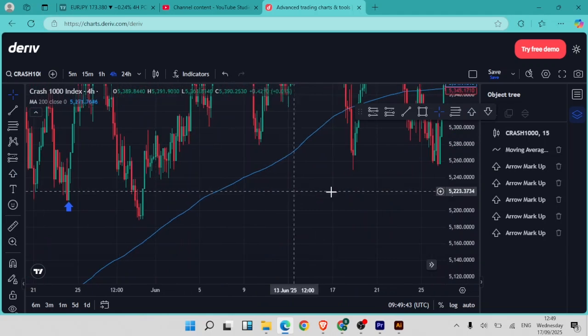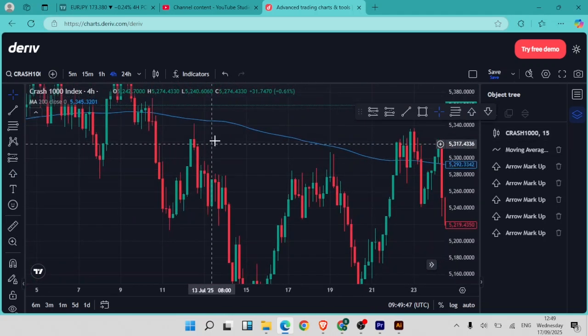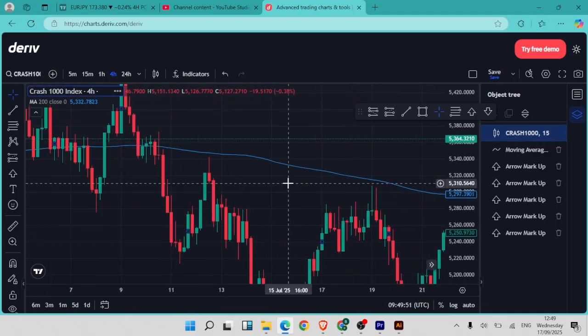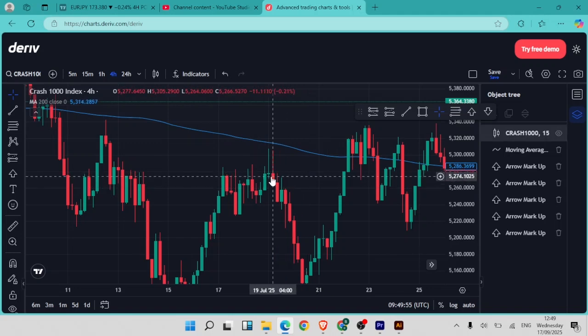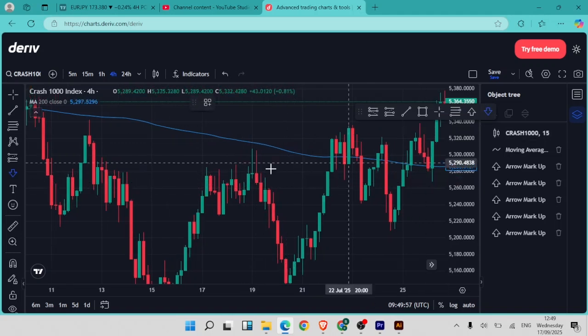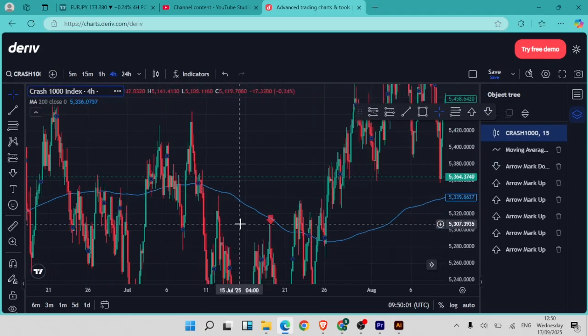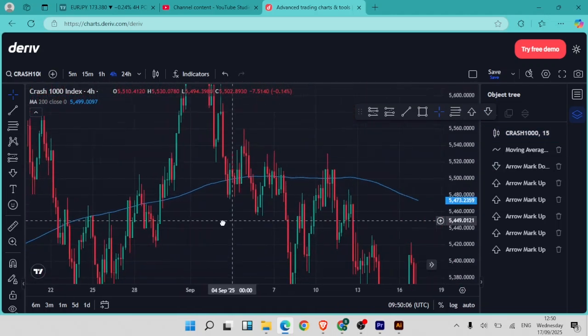Let us try and see if we can get some sells. So price is below the moving average. You can see price is below the moving average. We can try and see if we can get something. There's no engulfing here, no engulfing here. Actually, this is an engulfing, so sell here, right? Any other? So that was a good opportunity. Let us try and see if we can get any other.